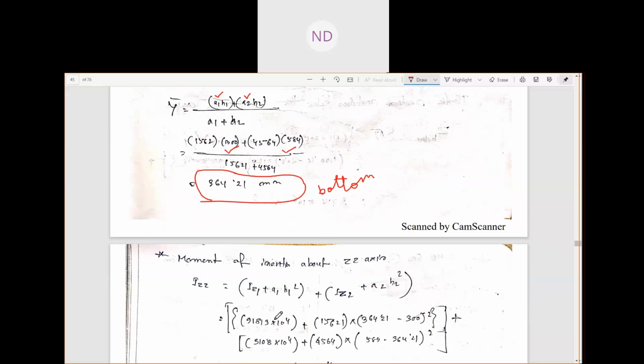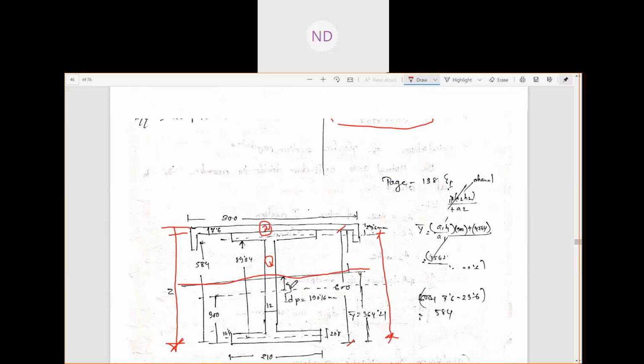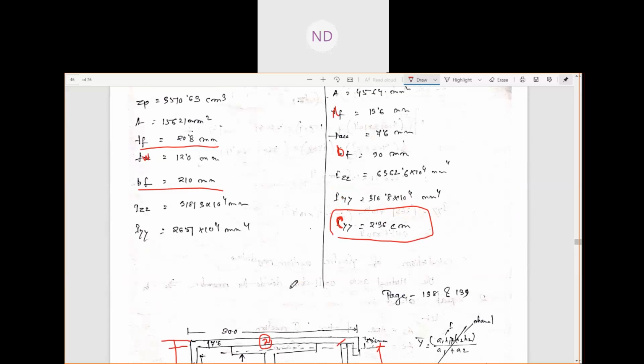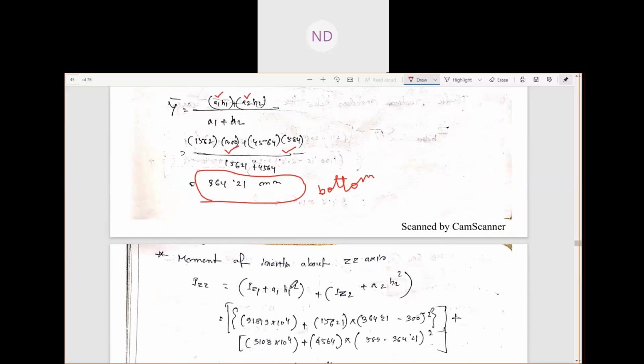So that will be how much? IZZ1 is the moment of inertia which is given to you, 91813. You see here, 91813. This is the moment of inertia which is already given in our properties.